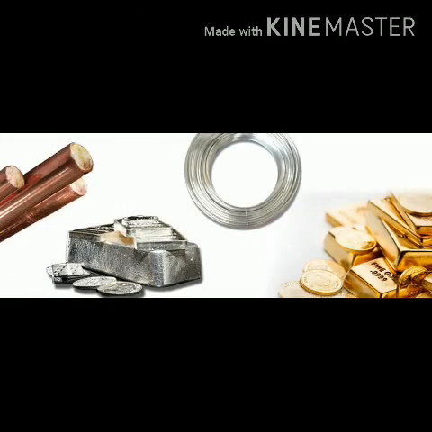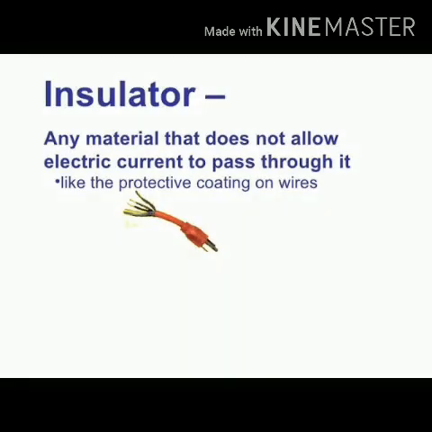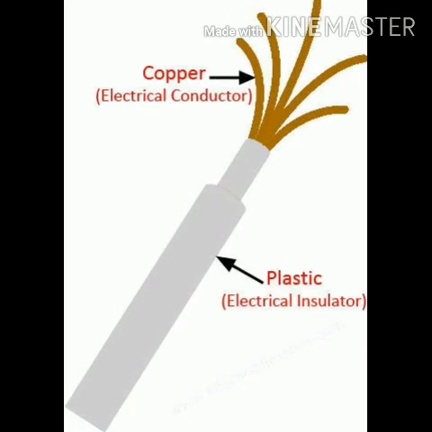Example, silver, copper, aluminium. When we talk about insulators, this is completely opposite to the definition of conductor. It means we can say that they do not carry the electricity or they have high resistance.